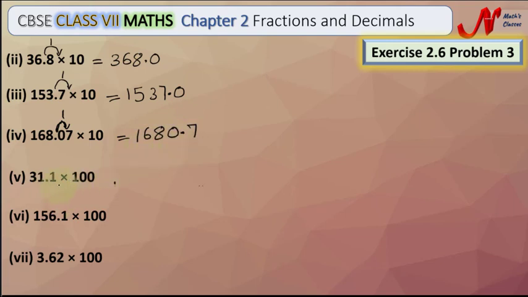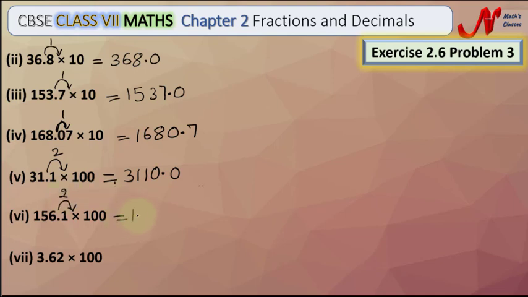Here we are multiplying with 100. So we shift the decimal point two places. Here we do not have two digits, so we keep 1 0 in place of the second digit. Then we get 3110.0. That is, we get 3110. Next, here also we are multiplying with 100. So we shift the decimal point to the right by two places.